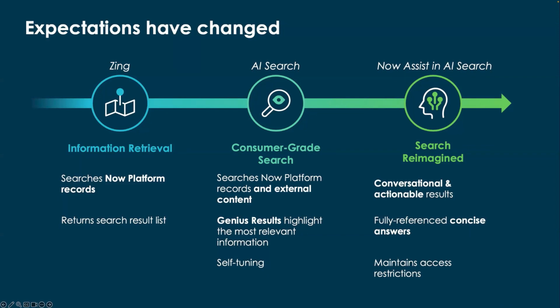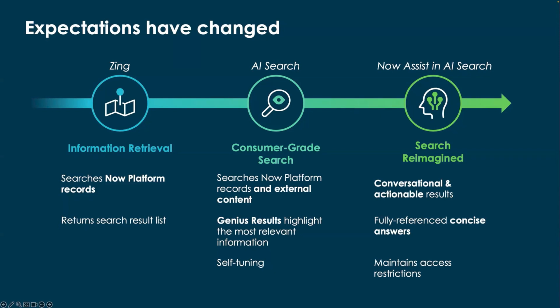We've also come up with this idea of a genius result, which highlights the most relevant information based on the type of question or query that the end user is asking or providing. And on top of those things, the AI part, right? We want to make sure that this is learning over time. So in a sense, it is self-tuning. It's readjusting the set of results, the order of the results to make it more relevant to the types of questions that a specific organization is asking.